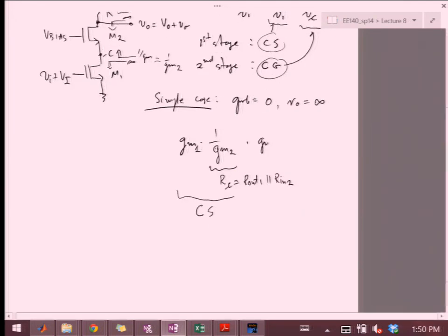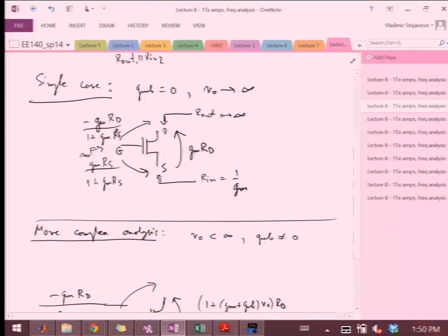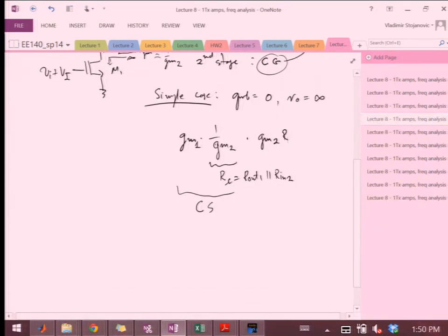So then my gain is just this, GM2R. And if you didn't worry what was in the transistor, in the previous page, we did have that the source to drain, the common gate gain was GMRD, right? So that's exactly what we're talking about. Okay.